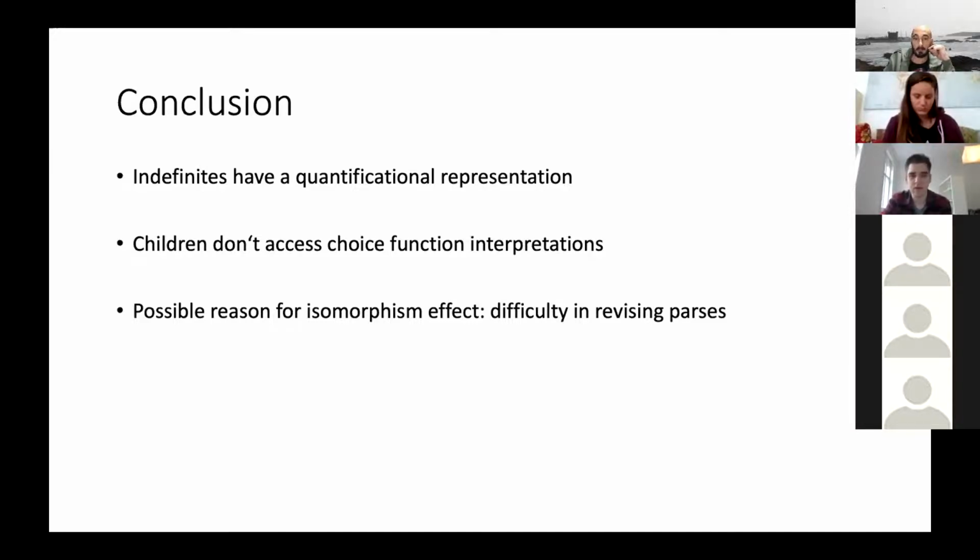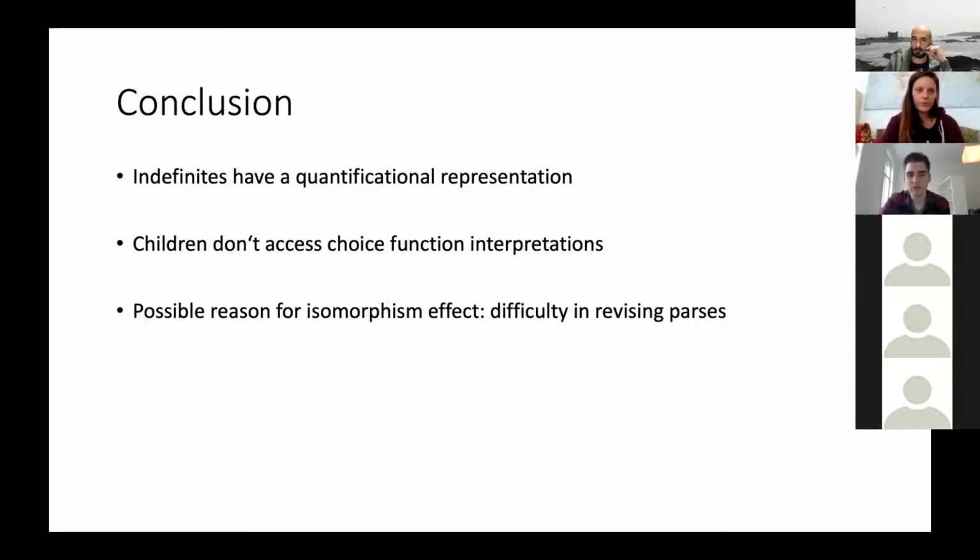Okay. We also found out in the second experiment that children sometimes don't access wide scope or the isomorphic interpretation, even in cases where that is the only possible interpretation, such as when the accusative ending is added to direct objects in Kannada. That is because in those cases, indefinites do not have a quantificational representation, but rather behave like choice functions.